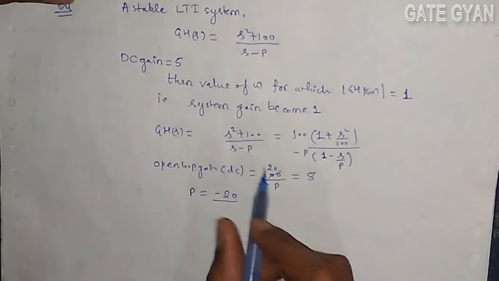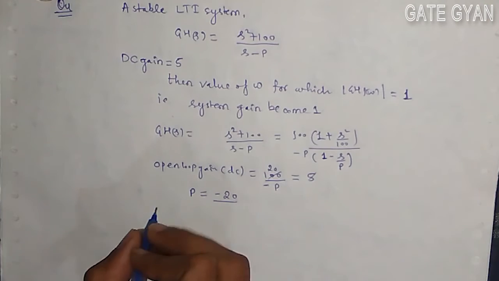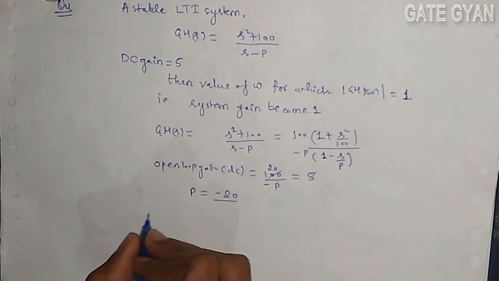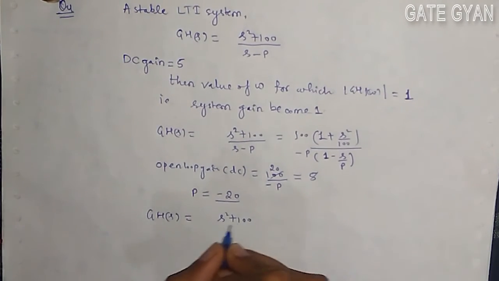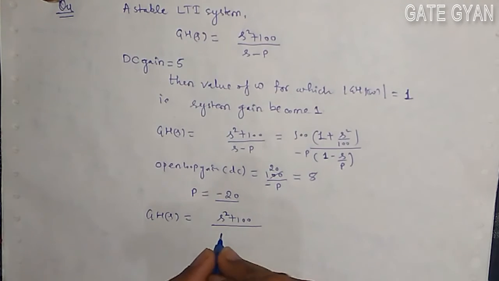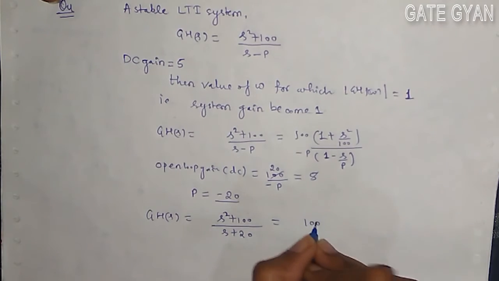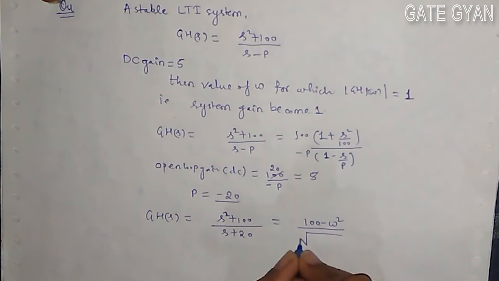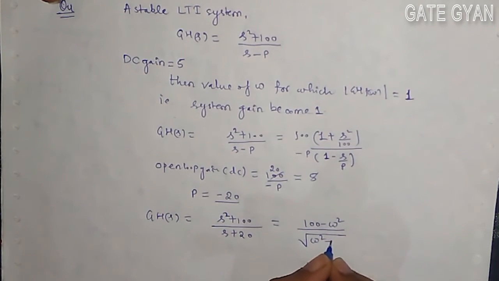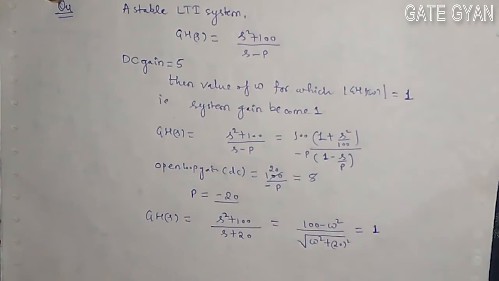Now we will replace this p in the open loop transfer function and equate the gain of the system to 1. So the system will look like (s square plus 100) upon (s minus minus 20), so this will become s plus 20. Now we will write in terms of omega: (100 minus omega square) upon the square root of (omega square plus 20 square), and this gain is given as 1.